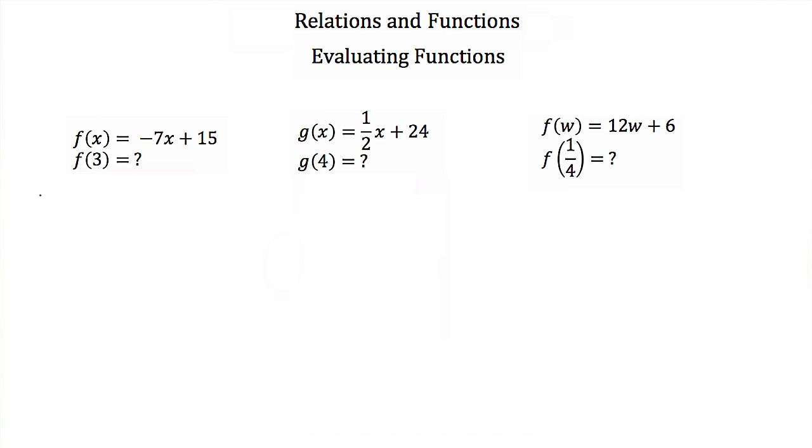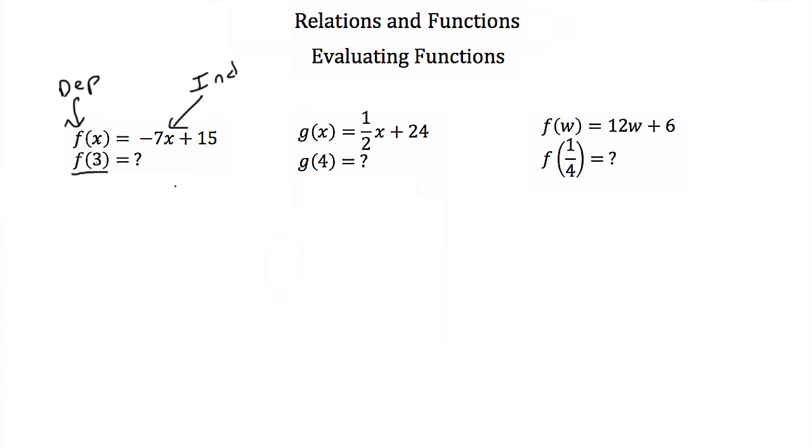The last part of our tutorial is evaluating functions. If you remember from our notation, this is our dependent variable, and our x would be our independent variable. And when you see this function notation written like this, where there's a number instead of the x, it simply means that 3 is equal to x, or x is equal to 3.